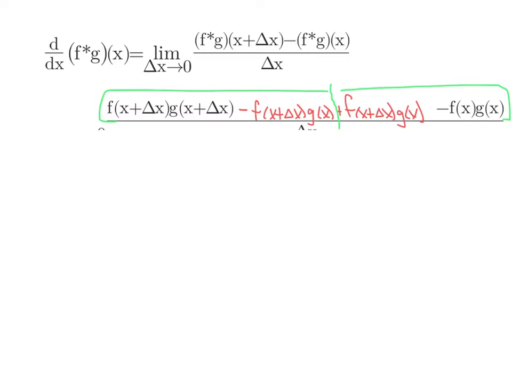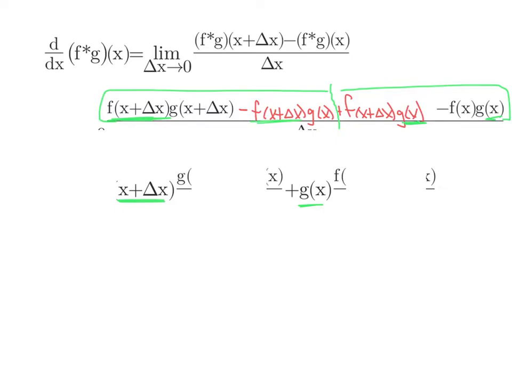And we end up with something that looks like this. Notice I broke it up into two terms, my two fractions. Out of the first fraction, I took out that common factor of f of x plus delta x. And in my second fraction, I took out that common factor of g of x right here.